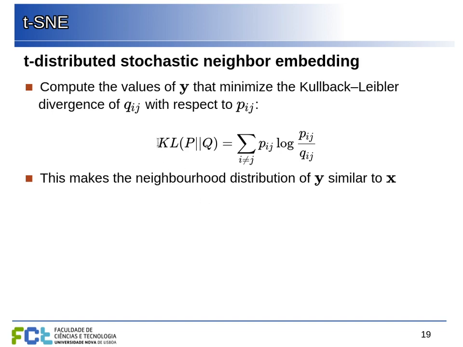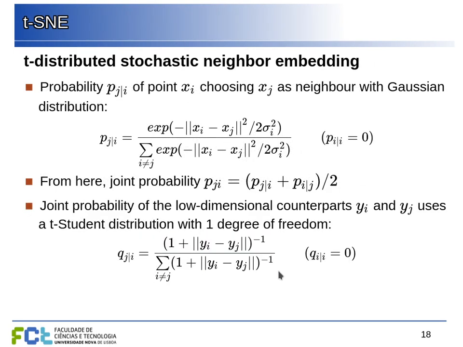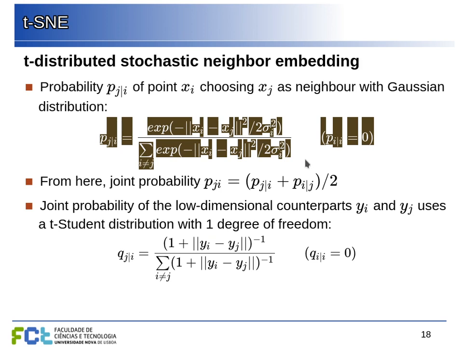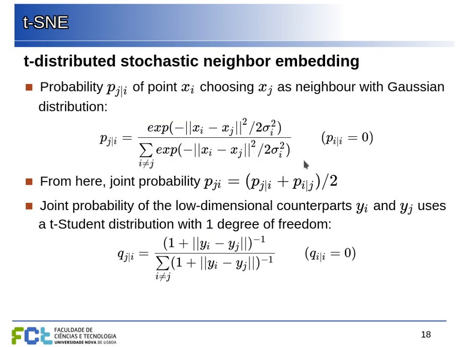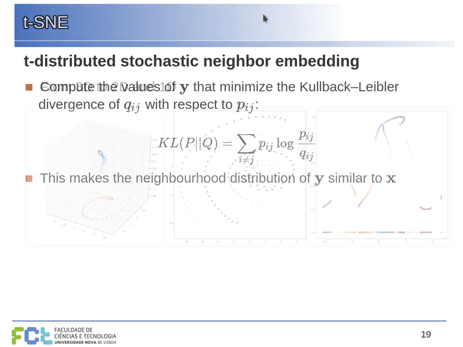But the idea is that when we are minimizing this divergence, we are making this distribution of probabilities of points selecting neighbors in the lower dimensional space as close as possible to the original probability of getting neighbors in the original space. So this leads us to a lower dimensional representation that tries to preserve this neighborhood relation between the points, and so preserves the local topology of the data.